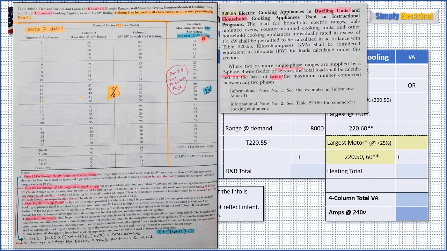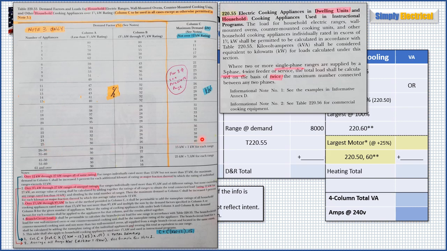So anything from 1 3/4, because that's the starting point, up to 12 kW, you can use column C for that. If you have one range, it's flat out 8 kW. If you have two ranges, flat out 11 kW. If you have, we'll go down here, 25 ranges, flat out 40 is your kW rating.